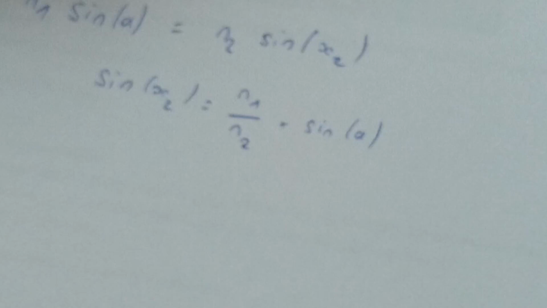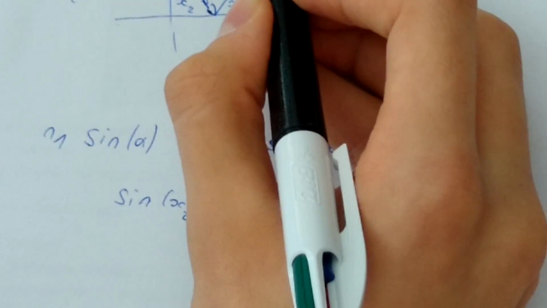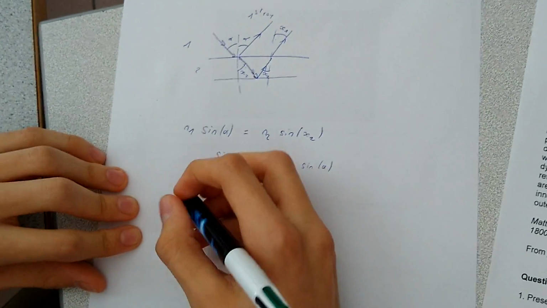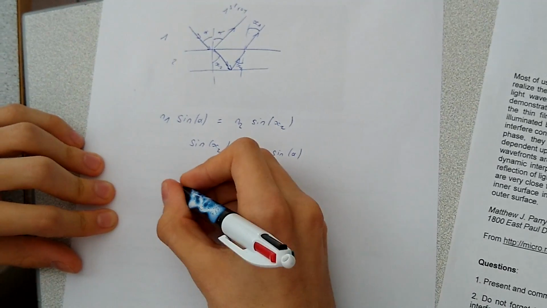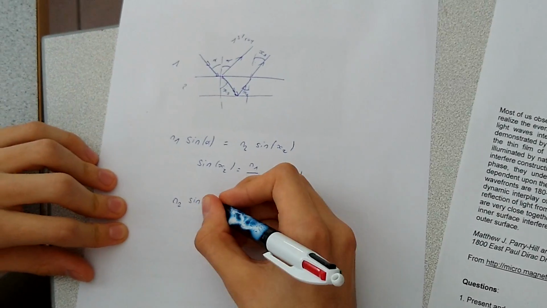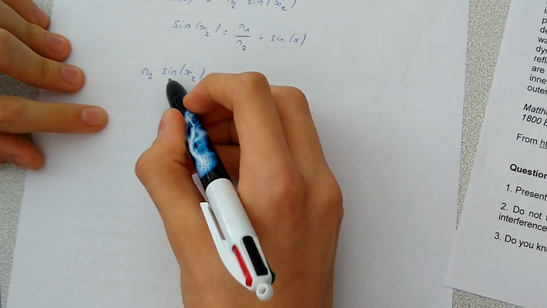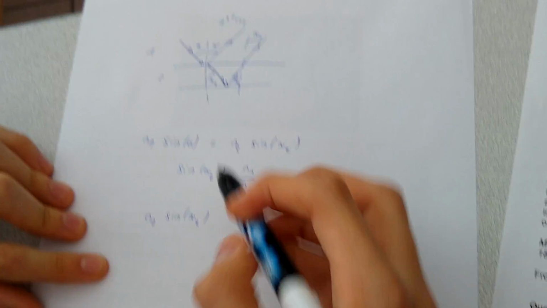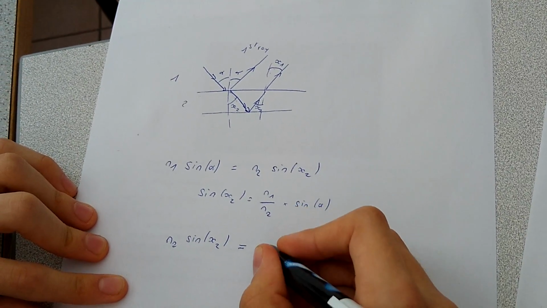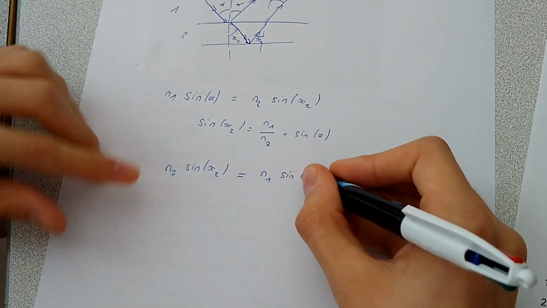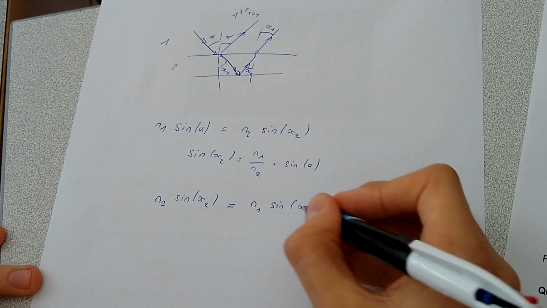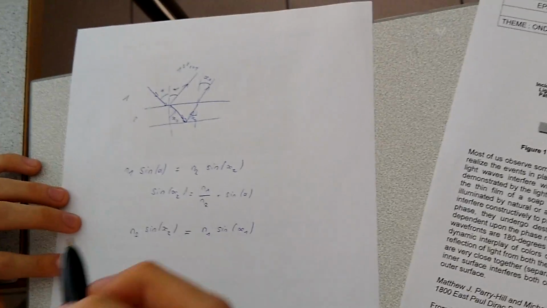So now we want this angle that is interesting us. With the same formula, we can say that n2 times sin x2, which is this angle, is equal to n1 times sin x1, the angle that we are interested in.